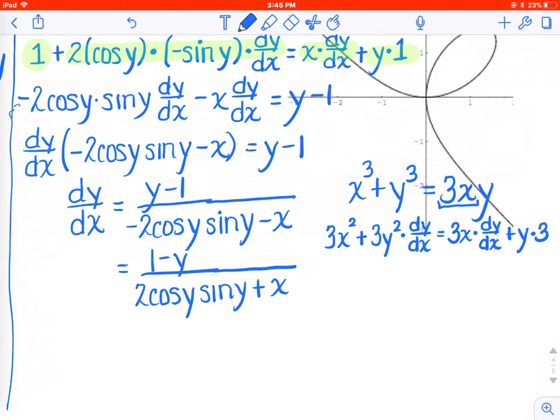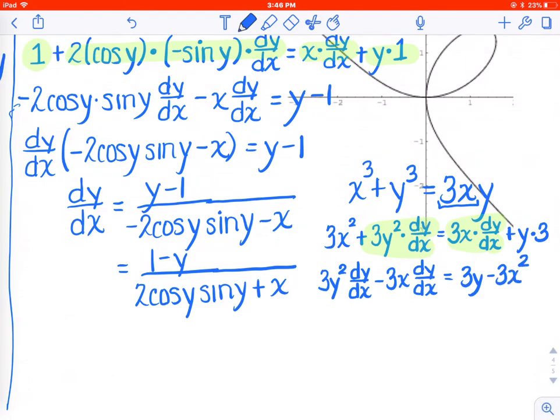Gather all my dy dx terms to one side. So, as again, a little highlighting, this term has a dy dx, that term has a dy dx, the other two terms do not. So I think I'm going to keep the 3y squared dy dx term on the left-hand side, bring over the minus 3x dy dx term, and keep the 3y on this side and bring over the 3x squared.